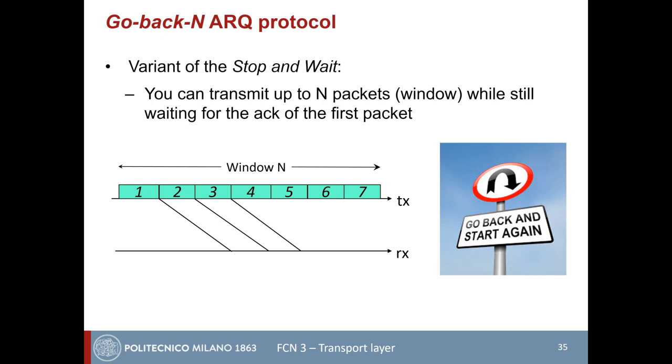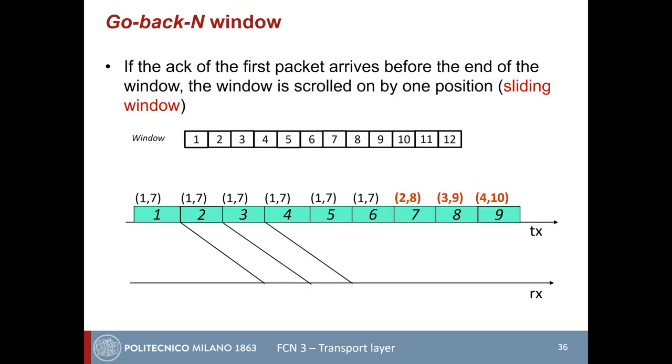But why go back N? Go back N because of the behavior when you have errors. When you don't have errors, what happens is what you see here.